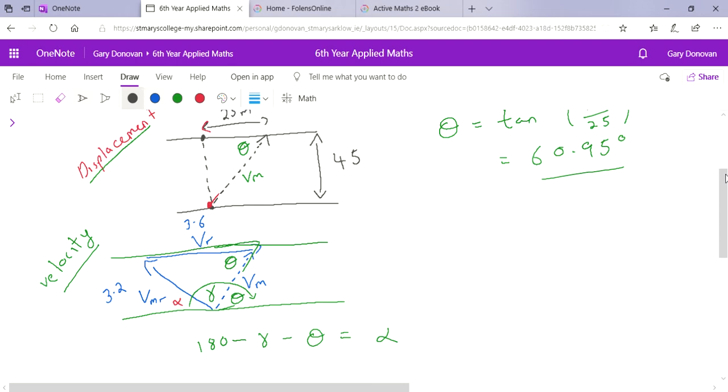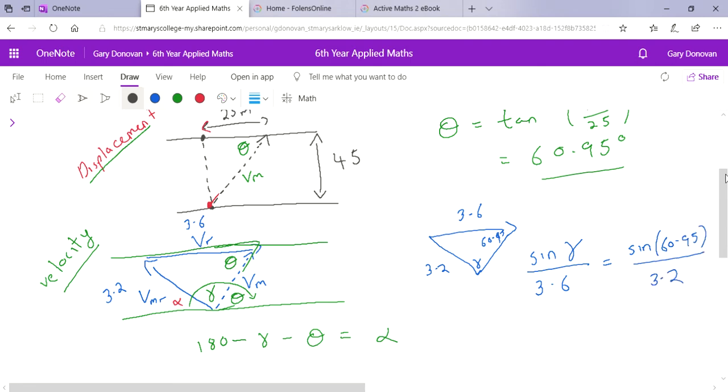So our triangle is 3.6, 3.2 and 60.95. It's obviously not a right angle triangle, so we're looking for gamma. So we're going to use the sine rule or the cosine rule. Sine rule is probably the easiest. Sine of gamma over 3.6 equals sine of 60.95 over 3.2.